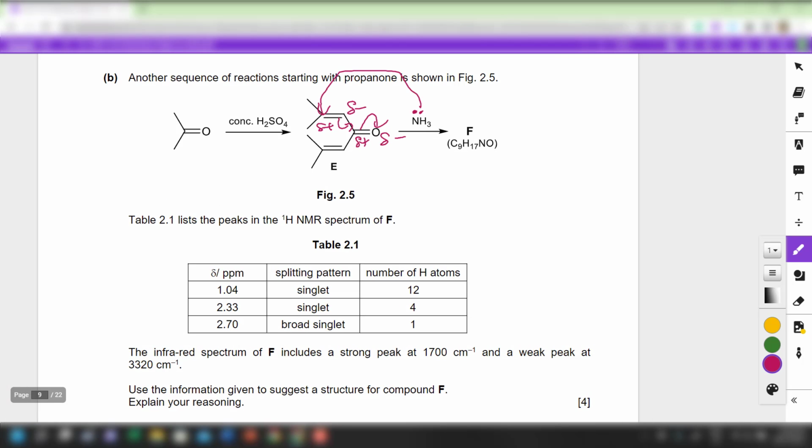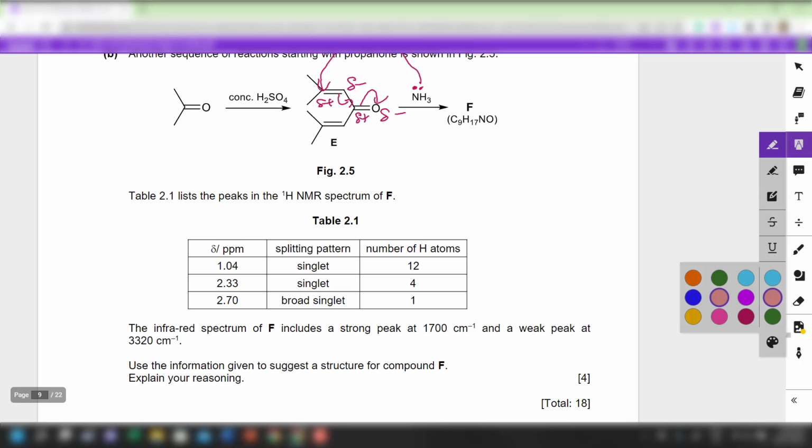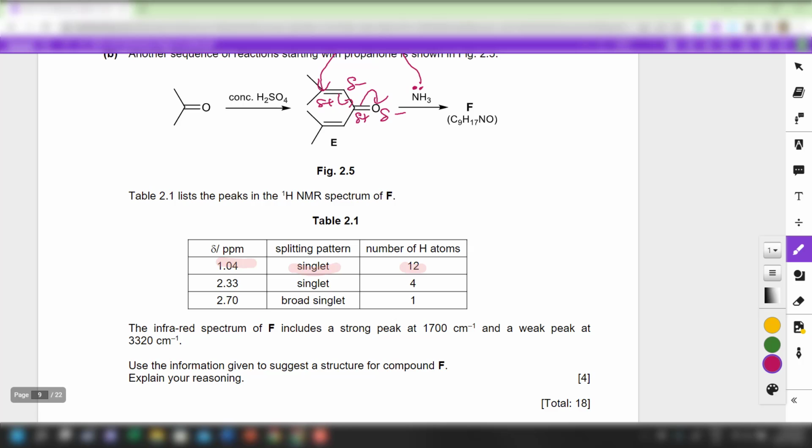Right now we are given table 2.1, and then we have the 1H NMR of compound F. We notice that there are 12 hydrogens, a singlet at 1.04.